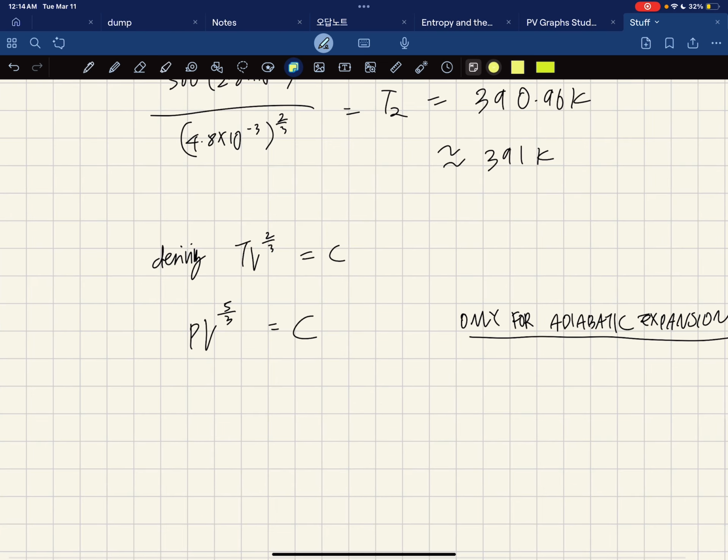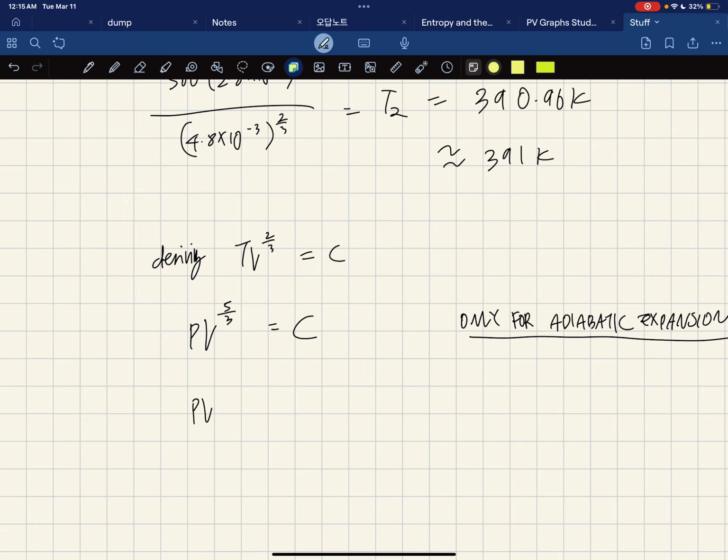Okay. Now, we know that a gas expanded or contracted in an adiabatic system is still going to be assumed as an ideal gas normally. We're going to assume that this is an ideal gas.